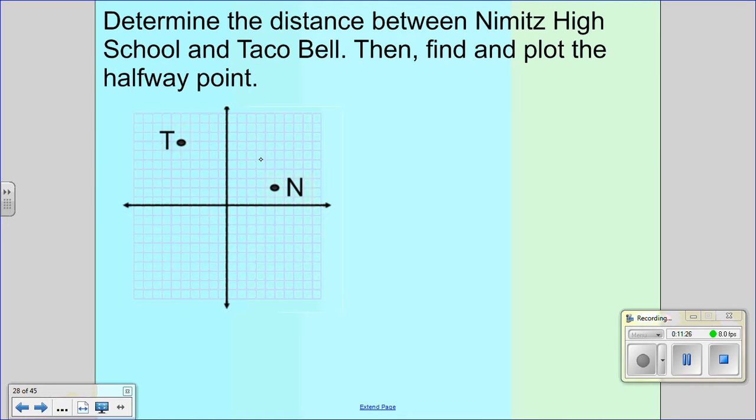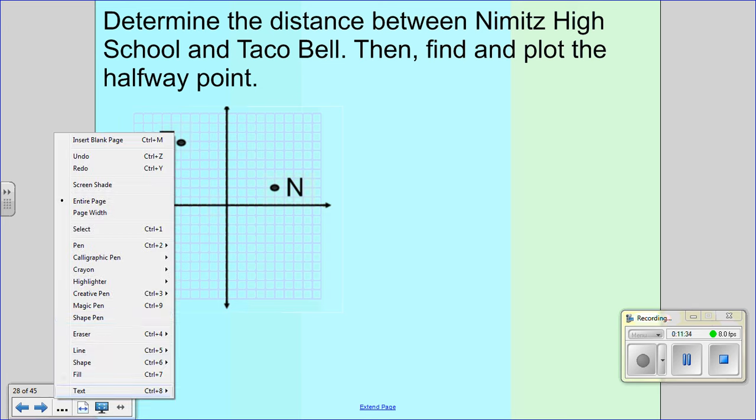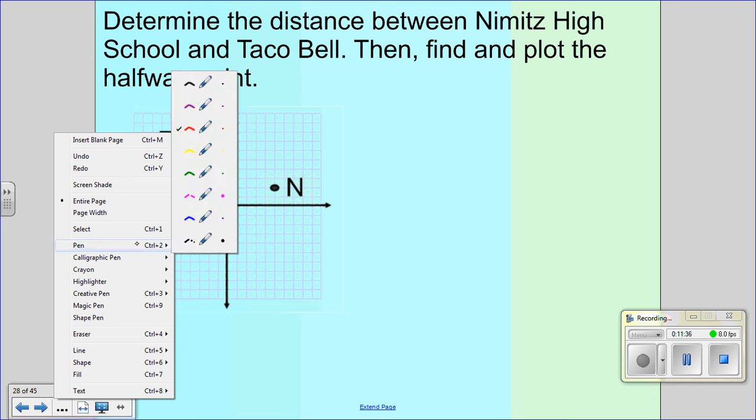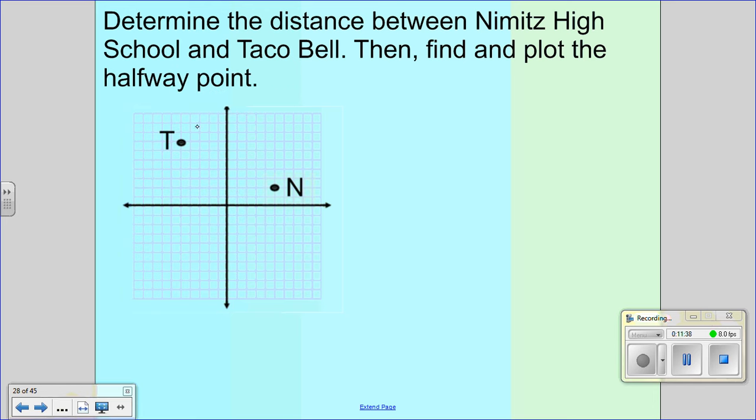So now we're going to determine the distance between Nimitz and Taco Bell and plot the halfway point. So T is plotted for us, but we don't know its coordinates, so let's write those first. We went over to the left 1, 2, 3, 4, 5 times. So x is negative 5. And we went up 1, 2, 3.